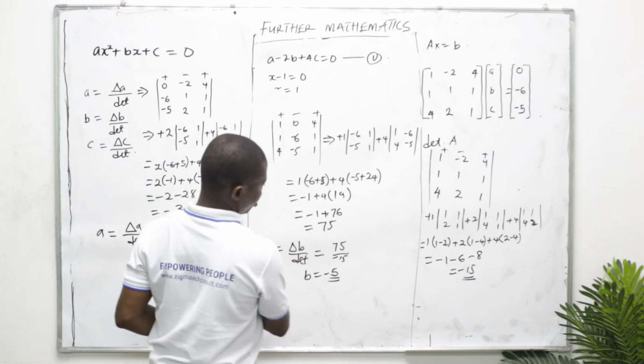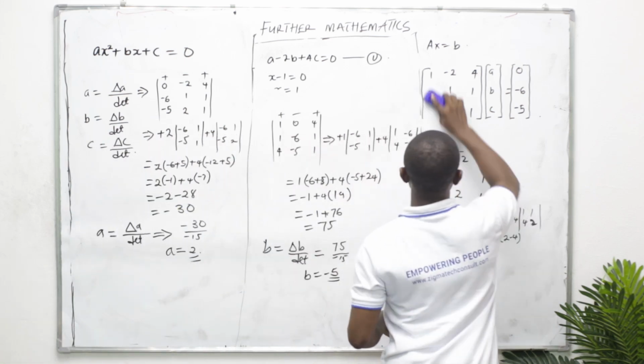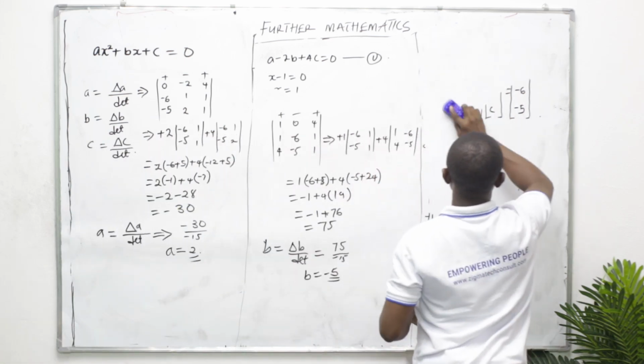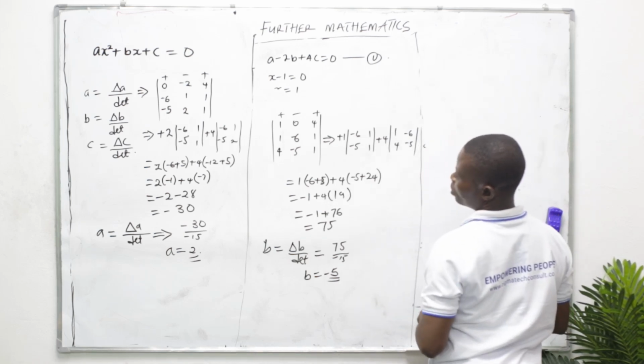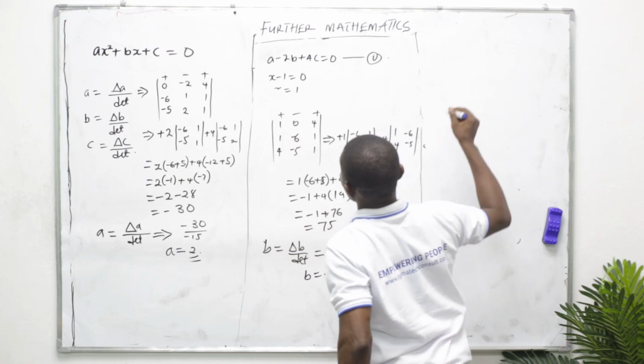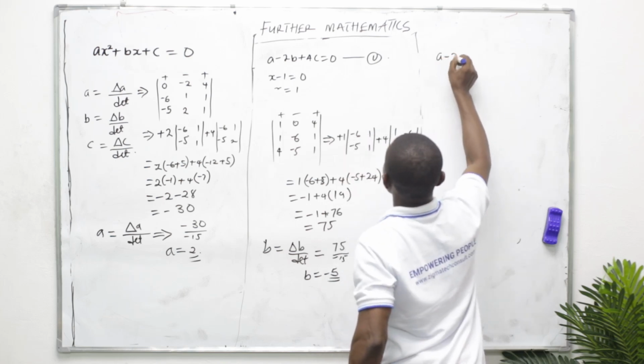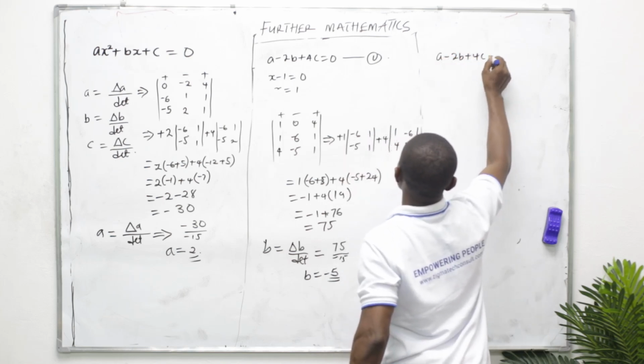Okay, now we have A, we have B. To solve for C is not a problem. Solving for C, any of the equations can serve you. Let's say A minus 2B plus 4C equals 0.